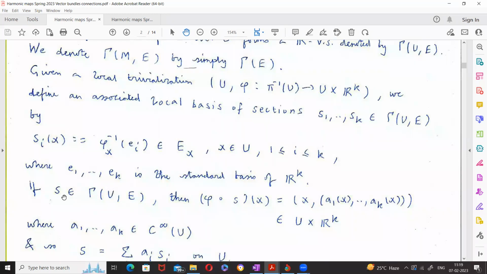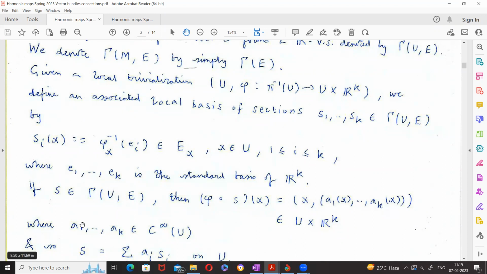So if s is a section of E over U, then under this local trivialization, phi composed with s of x will be of the form (x, a k-tuple of functions a_1(x) up to a_k(x)) in U cross R^k, where because s is a smooth map and phi is smooth, phi composed with s is smooth.